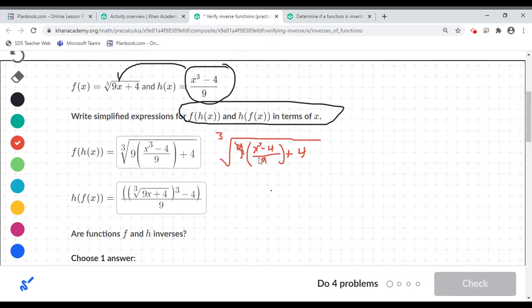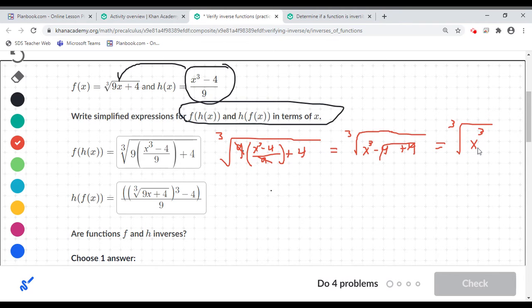Well, 9 over 9 is 1. So then we're left with this. Now, if we notice, there's nothing to distribute to these parentheses, so I really don't need them. That's still a cubed root, but then these two add up to 0, and then we're left with the cubed root of x cubed.